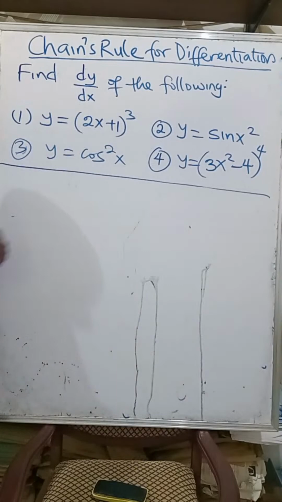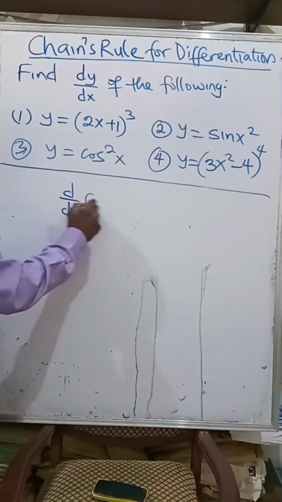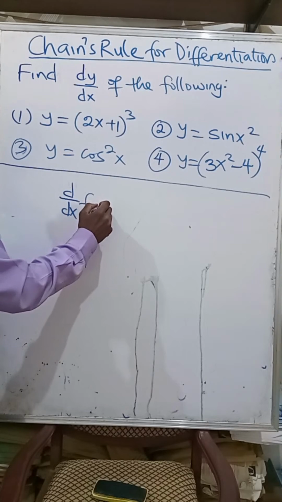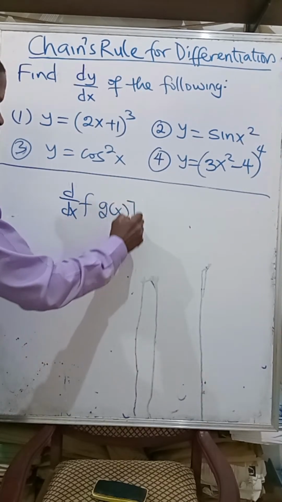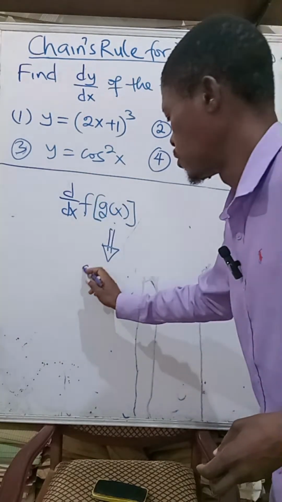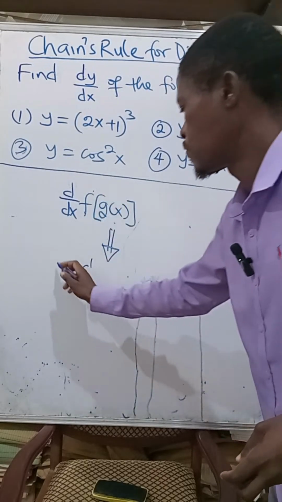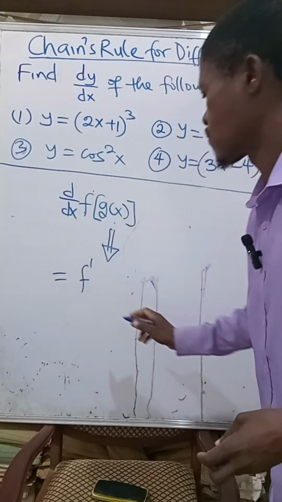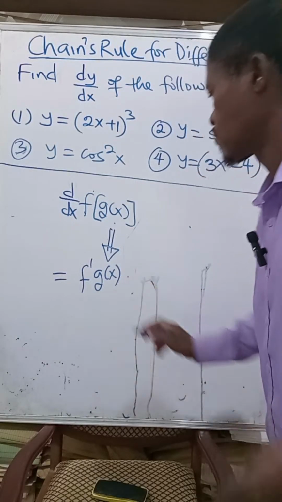If you have a composite function, f of g of x, this will be equal to, you first of all differentiate the outer function, that will be f prime. Then you keep the inner function constant.